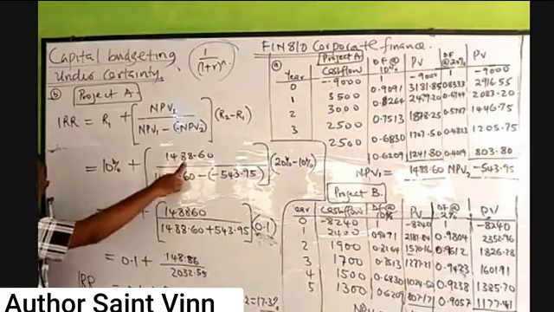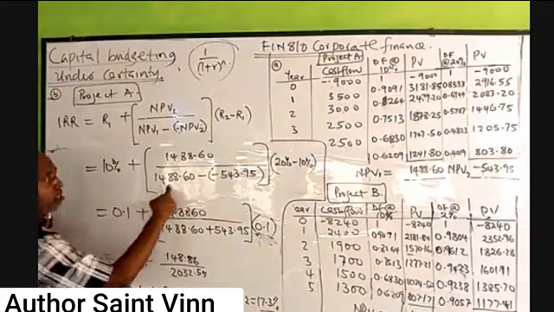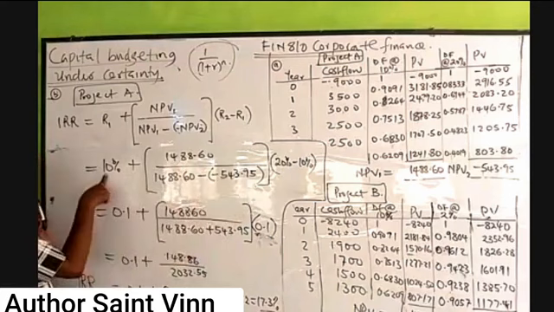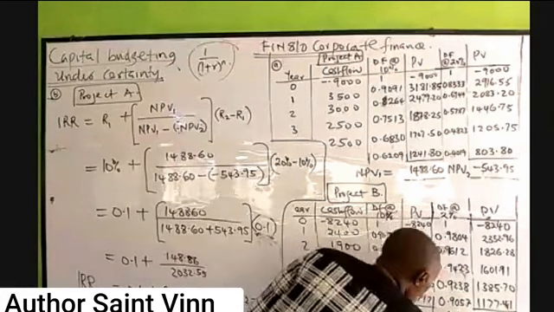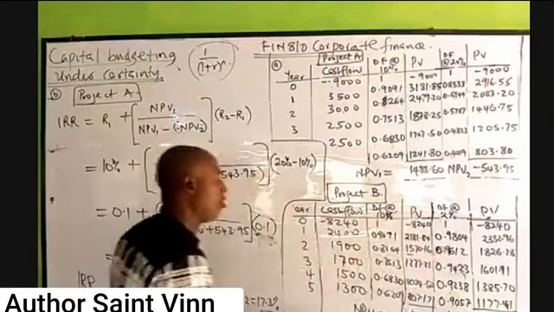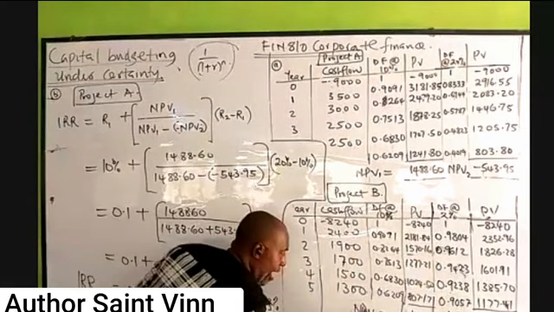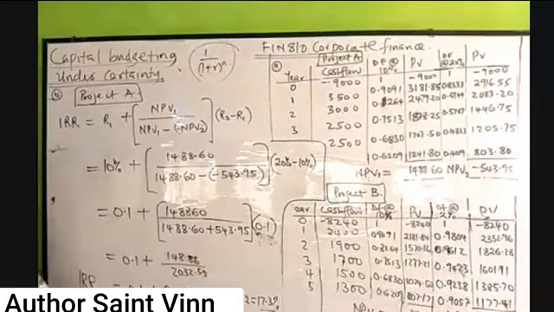Positive starts, negative follows. We start with the one that has positive. This will have the NPV 1, and this is the NPV 2. The one that has negative will be 2, and the one that has positive must be 1, as far as the formula is concerned.